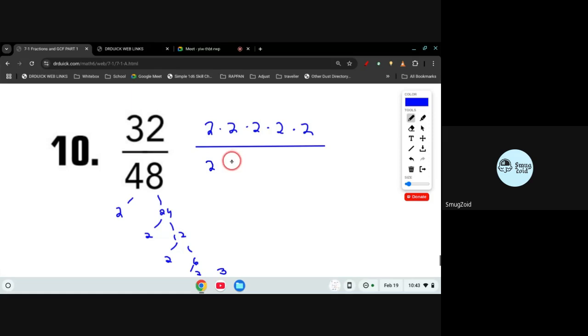So I got 2, 2, 2, 2, 3. All right, so what we have, well, these cross out, and you're left with just 2/3. So that's how you do factoring with the GCF, kind of move them out this way. It makes it a whole lot easier for doing this.